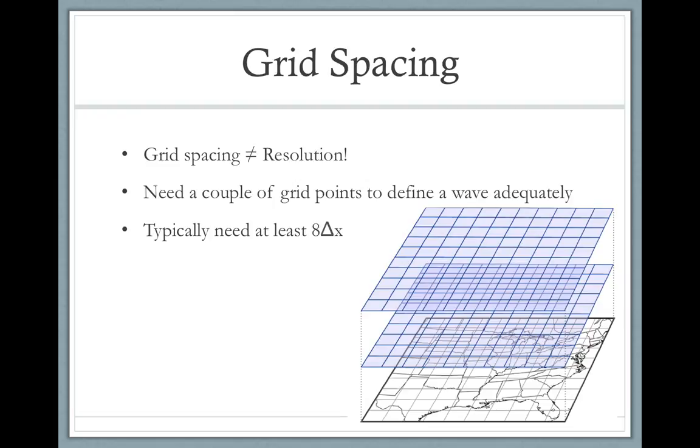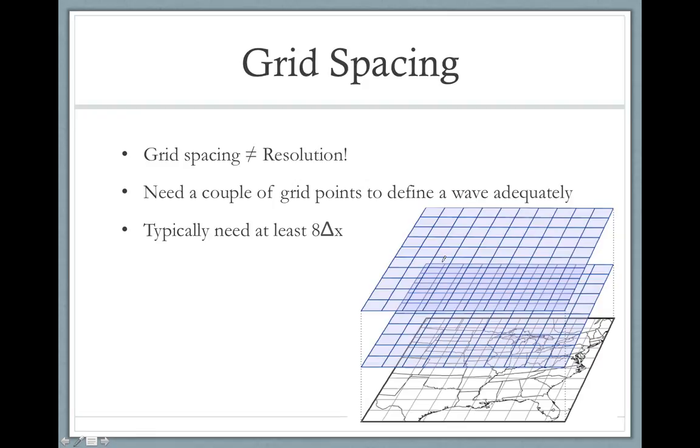Grid spacing here is basically defined as the distance in meters between the center parts of our cubes or the center parts of our squares in this image, or the center parts in our vertical grid spacing here. And so we might run a grid with a grid spacing of 13 kilometers in terms of the current NAM construction.